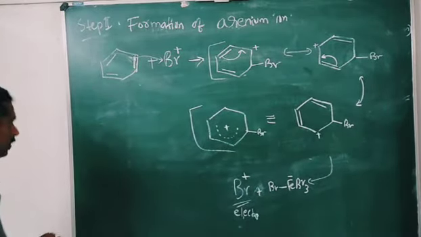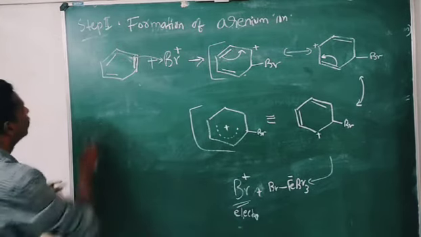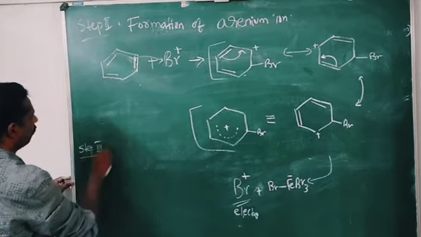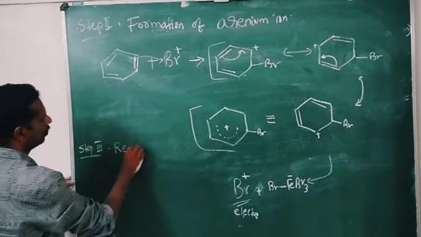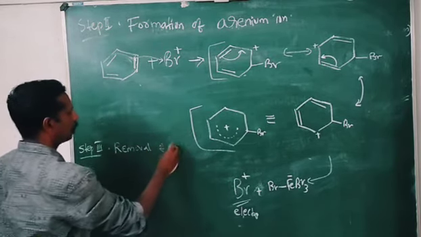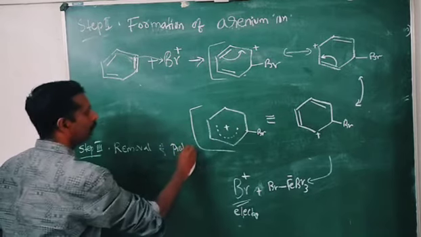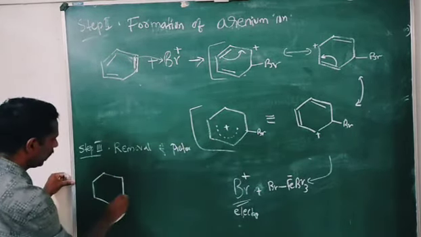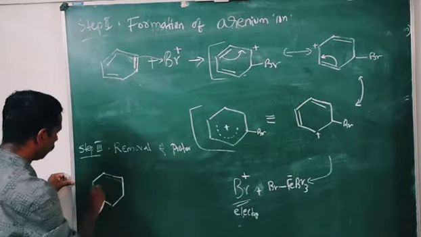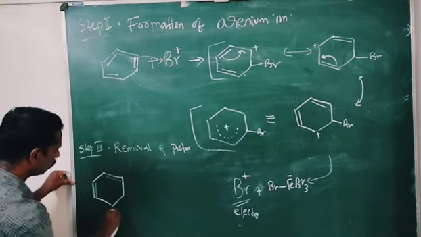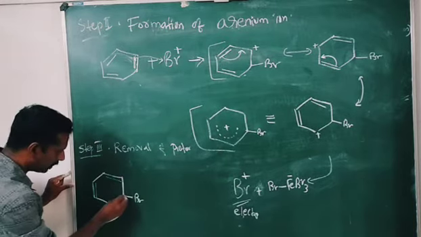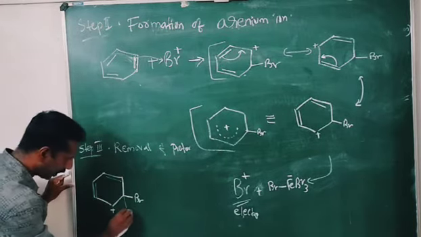This is the resonance stabilization of the arenium ion. And the last step, what is that? The third step, step 3: removal of proton. You take this last structure, here it is a double bond, here is a double bond, and here is a positive charge, and here it is Br. As we have discussed, in this carbon there is a hydrogen.